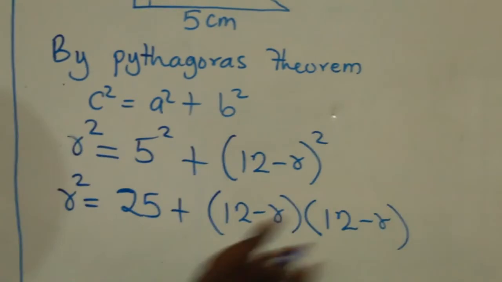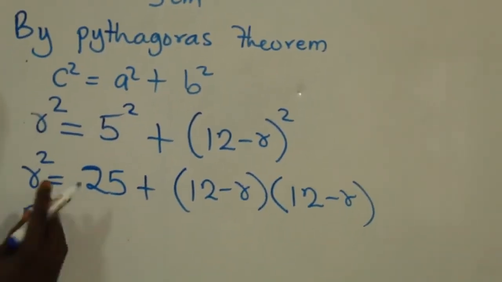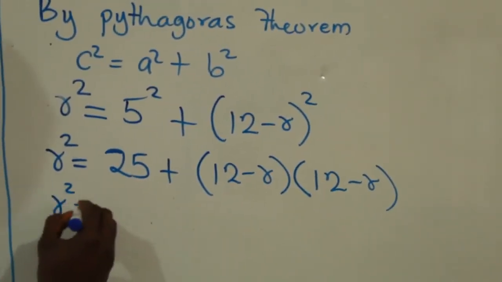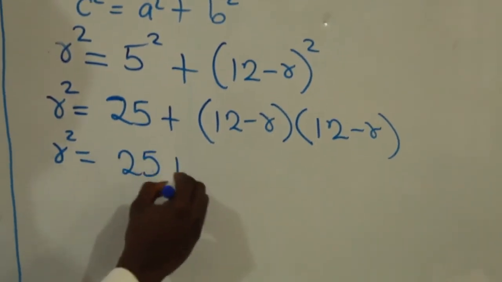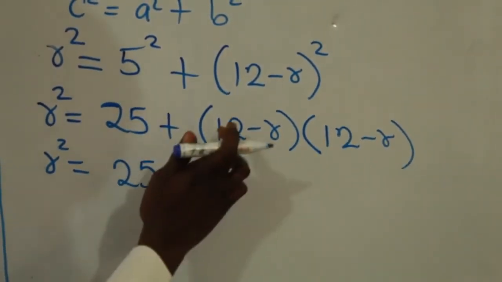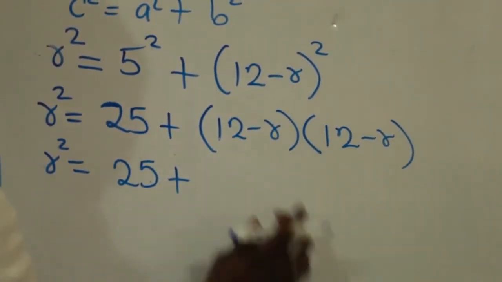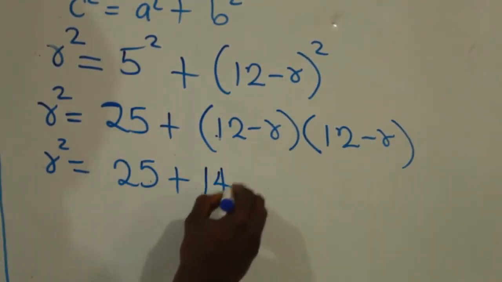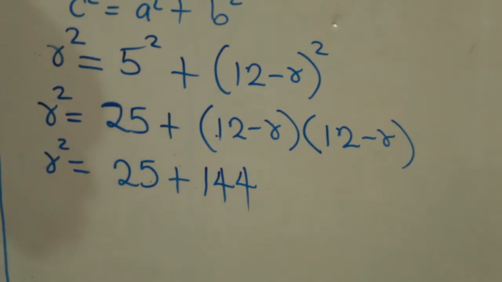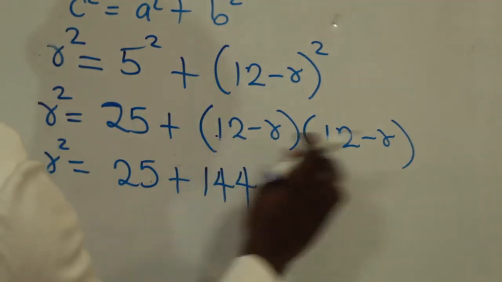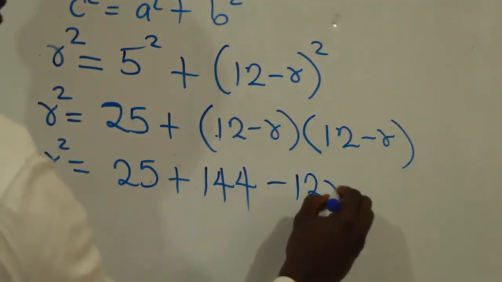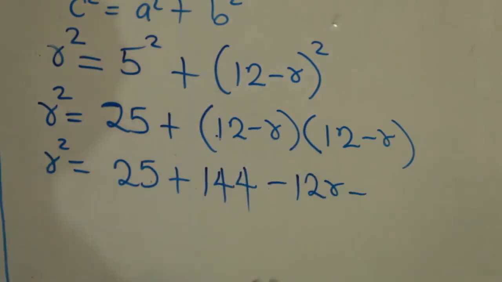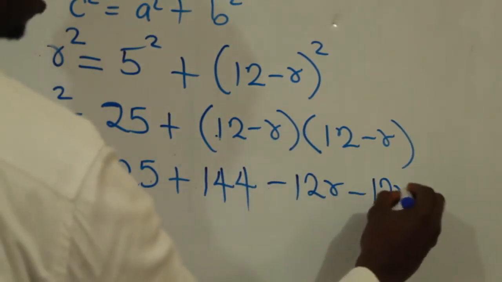So I have to be quick in expanding this one. I have R squared equal to 25 plus, in the expansion, this value will multiply these two values, and this other value will multiply these as well. So 12 times 12 will give us 144. 12 times R will give us minus 12R. 12 times another R will give us minus 12R.